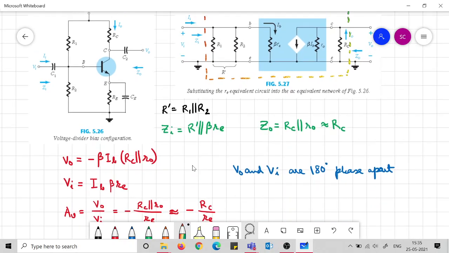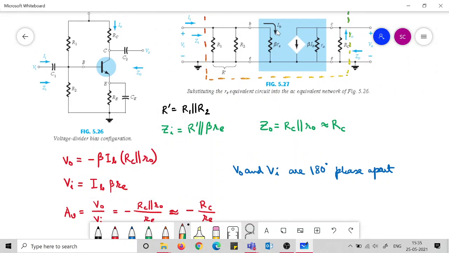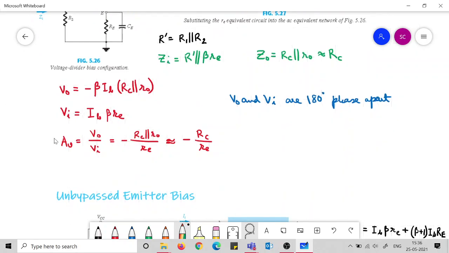Vi is represented in terms of IB, and it is simply IB into beta Re, and V0 is beta IB current flowing through this parallel resistance, which is RC parallel to R0. Again note that this is actually Z0. And AV is simply this divided by this, and we again get the same formula, minus RC by Re.